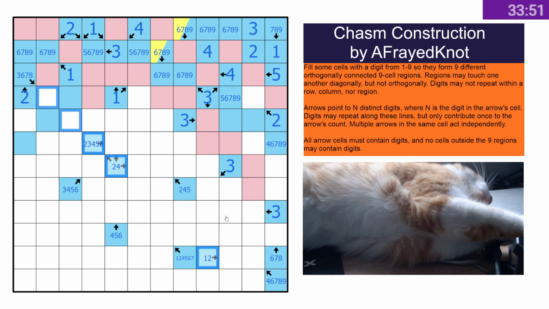Any more clues near the start that I've just ignored? Don't think so.